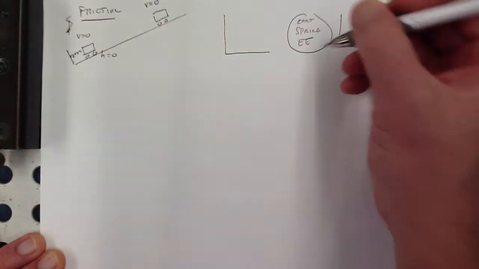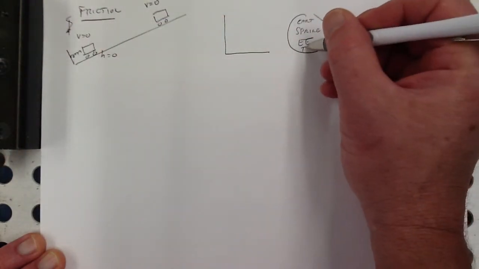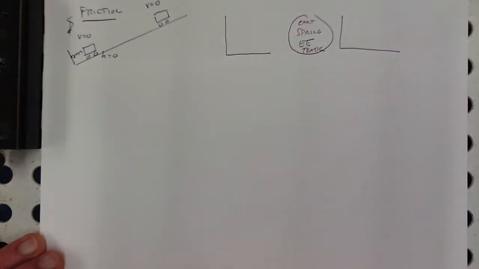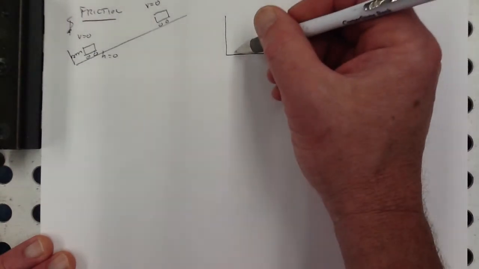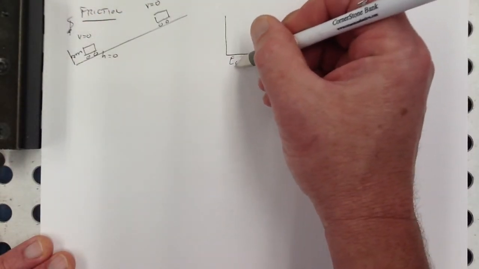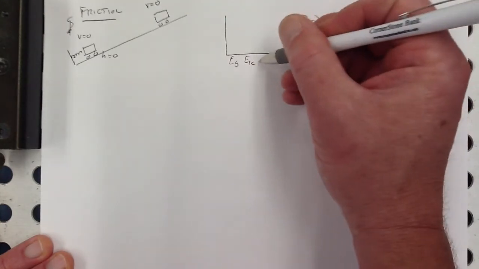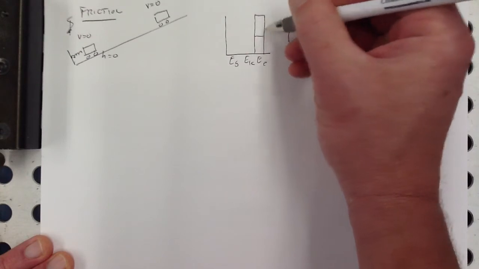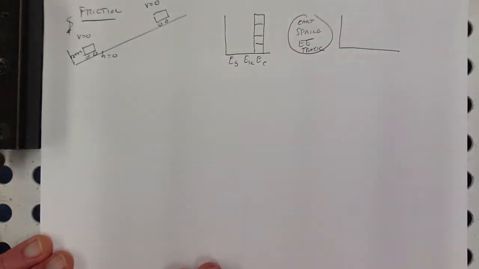And because there's friction, I'm also going to put the track in there. Right? So at the beginning, it's the same thing. I don't have any EG. I'm at the 0 height. I don't have any K. It hasn't been released yet, but I've got a bunch of elastic energy. So on this side, it's the same as what we did in the last example.